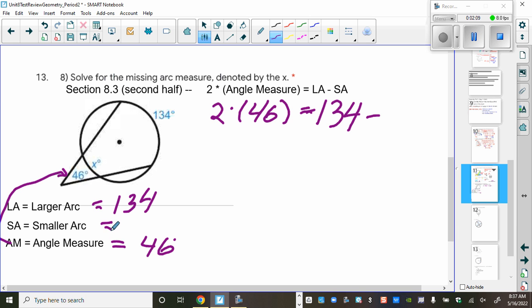Do we know what the smaller arc is yet? No, we don't know. That's an X. So LA, SA, and then the angle measure.